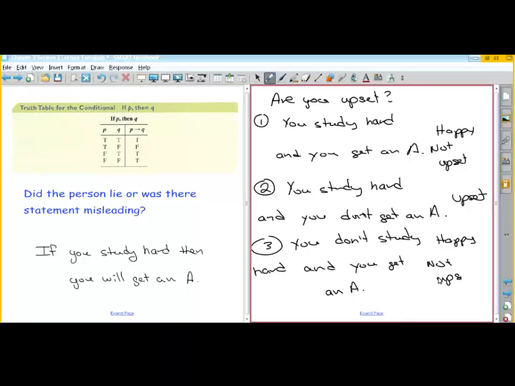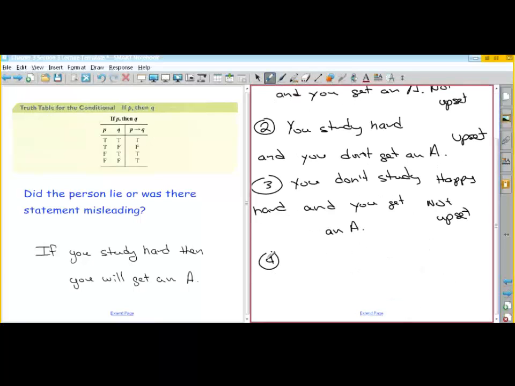So that's why it's a true result. So even though you were false to start with, and because of the order and because of the promise, there's no problem. And then the final one is you don't study hard, and you don't get an A. Well, at that point, you may be upset with yourself because you didn't do what you're supposed to, but you're not upset with the guy who promised you this if-then statement, the result.